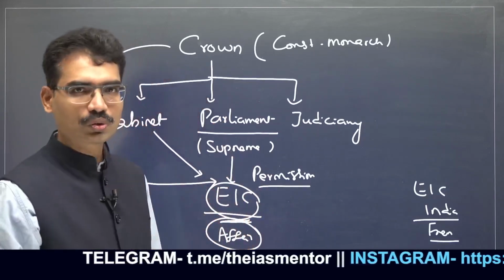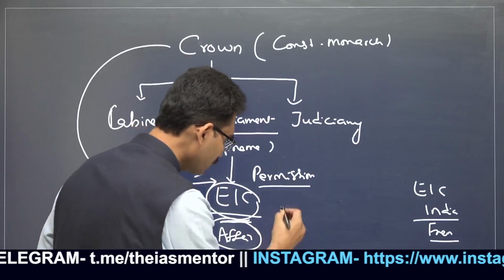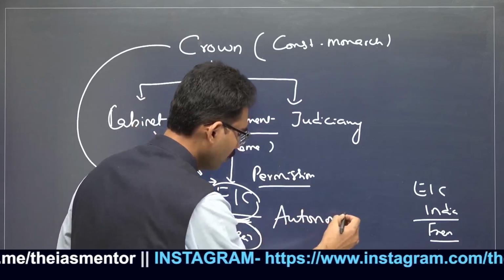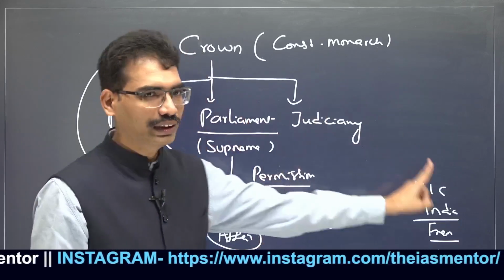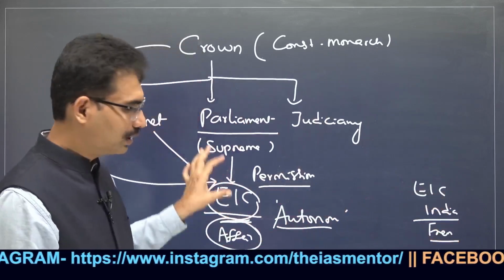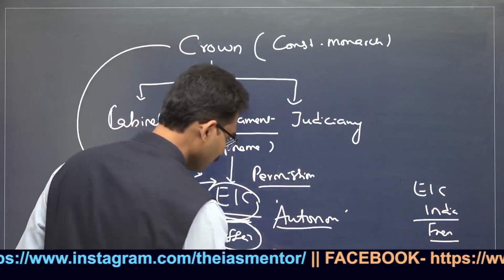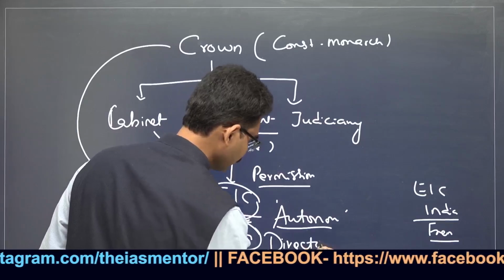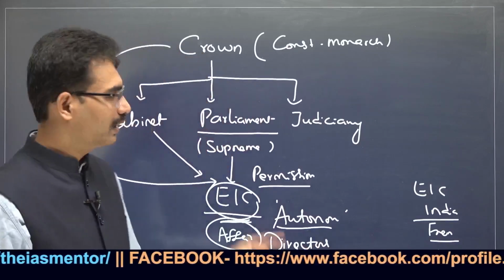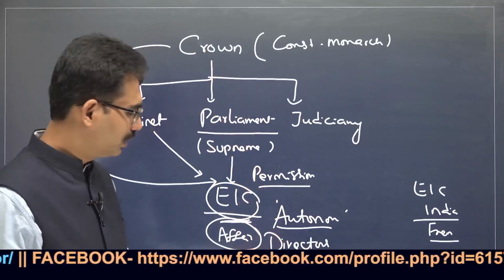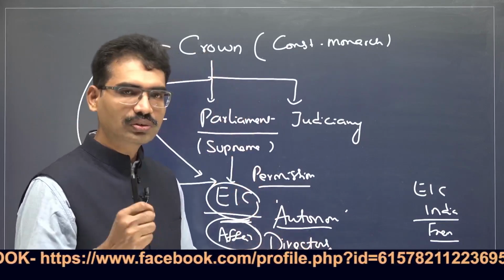Robert Clive doesn't want to do that. East India Company wants autonomy. Whatever East India Company is doing in India, that should be purely within the hands of East India Company directors. Now you see how the relationship is gradually about to change. Directors want to have this autonomy.